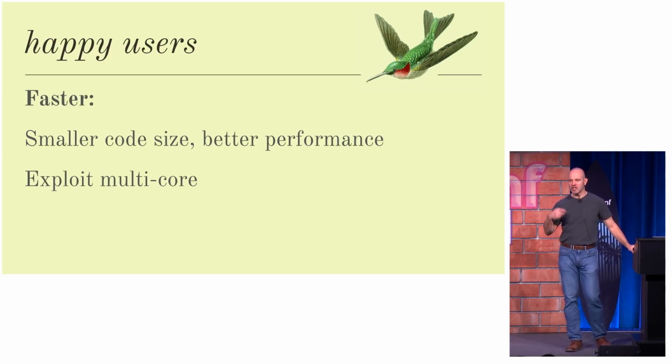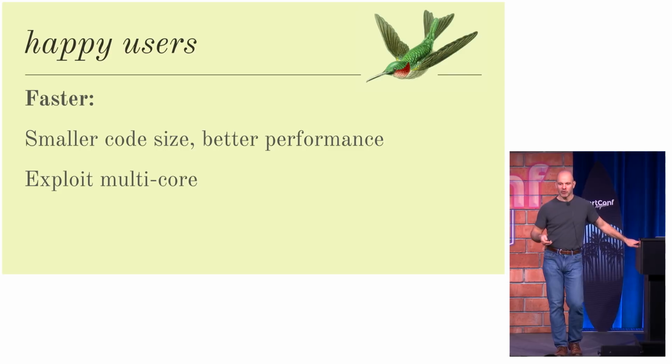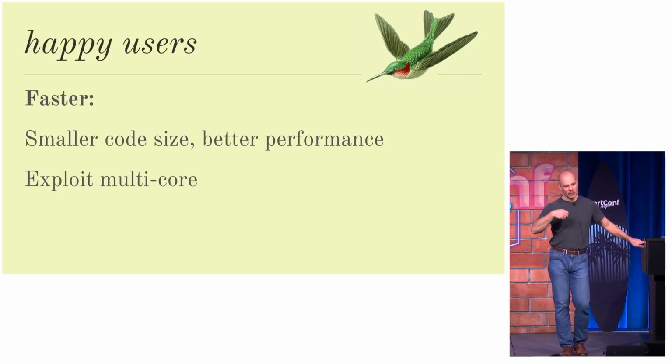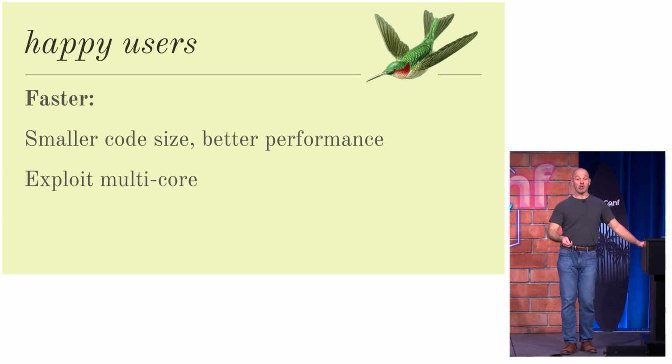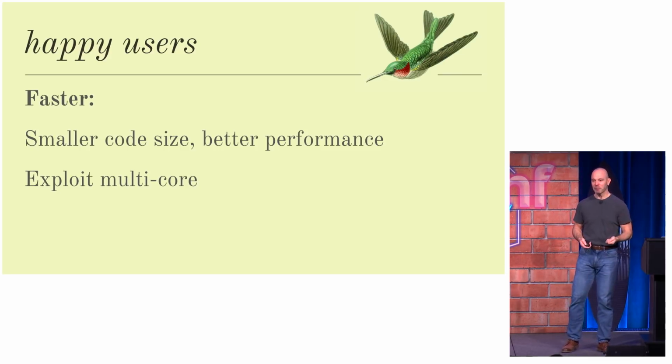We're very interested in continuing to push on this idea of making Dart a faster, better language for shipping native apps and web apps to end users. So we want to get the code size down smaller on web apps and on native apps, memory usage down, performance better, make better use of multi-core processors, whether that's through better isolates or other features, and find ways to make the end user product a better experience by making the code that is produced by the Dart tools better.